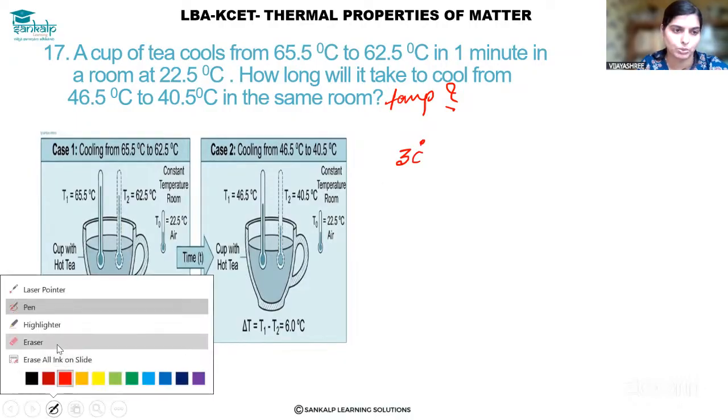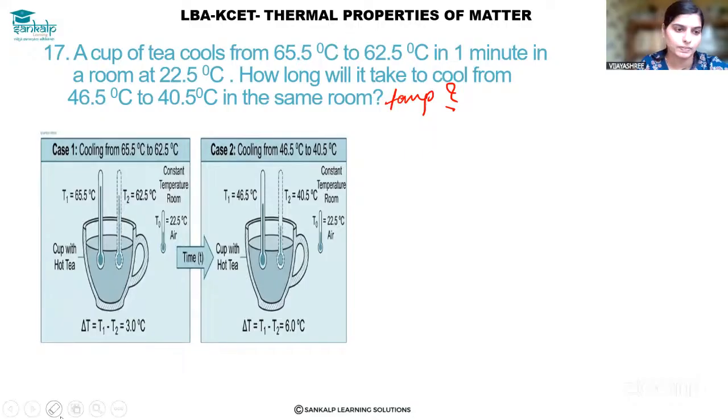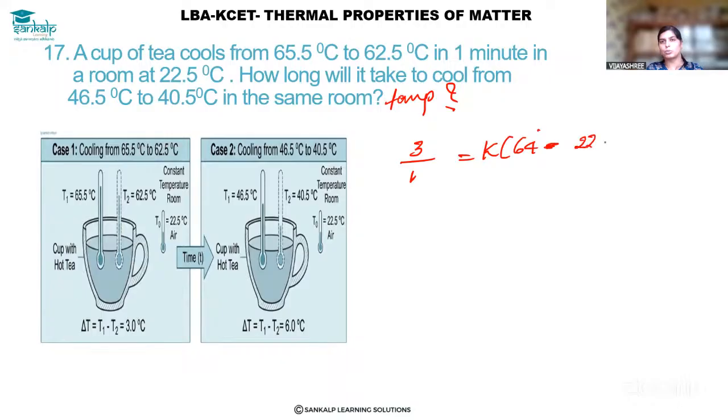So I am not going to write the unit now. Which is equal to 3 by 1, which is equal to K into the average temperature, T1 plus T2 divided by 2, that is 65.5 plus 62.5 divided by 2, which is 64 degrees Celsius, minus the surrounding temperature 22.5 degrees Celsius.